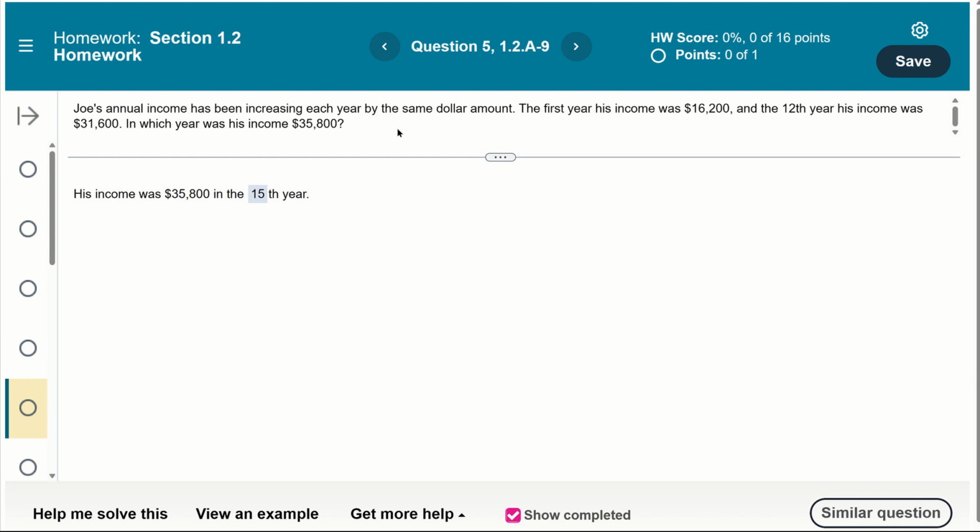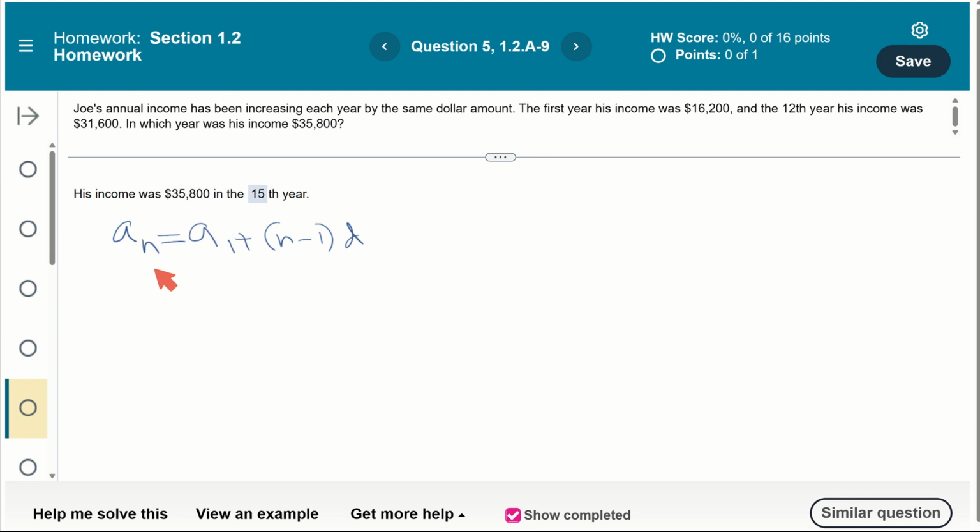So basically we do know that this is an arithmetic progression. So we recall the formula for an arithmetic progression. And if you remember, we have an equals a1 plus n minus 1 d.